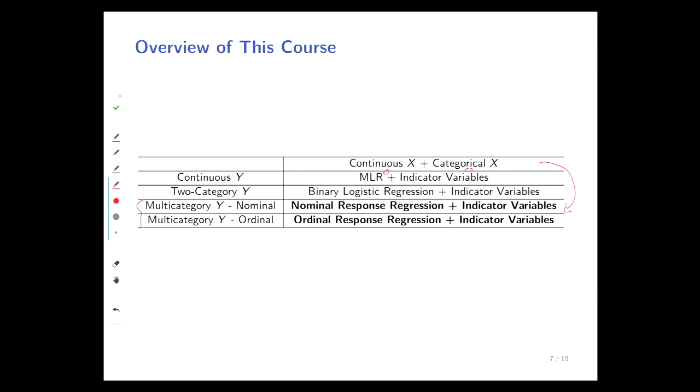Even though I mentioned in the previous lecture that you can input the categorical variable in R directly, R actually automatically transforms those categorical variables into indicator variables for us. So we still consider the indicator variables in R.